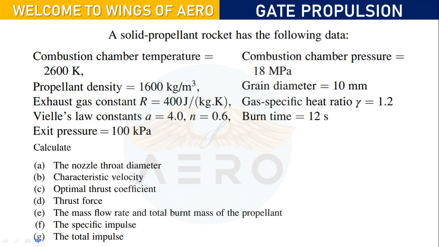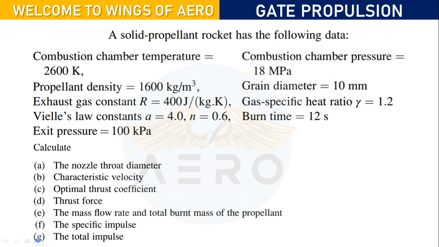A solid propellant rocket has the following data. Combustion chamber temperature has been given, combustion chamber pressure has been given, propellant density, grain diameter has been given, exhaust gas constant has been given, gas specific heat ratio, then Welly's loss constant is given, N is given, that is a combustion index, burning time has been given, and the exit pressure.